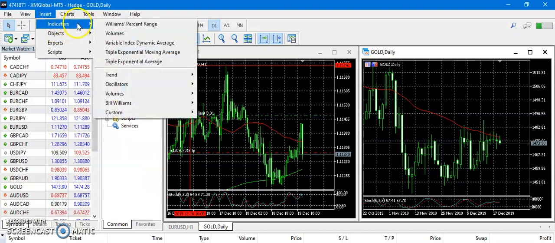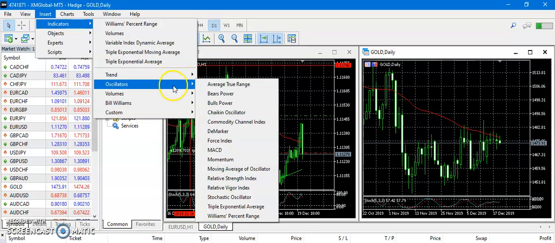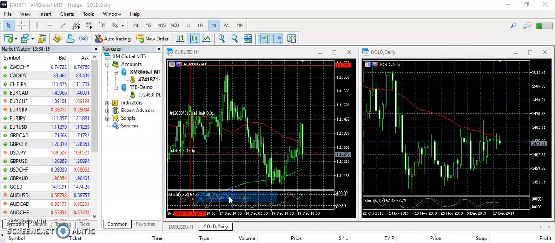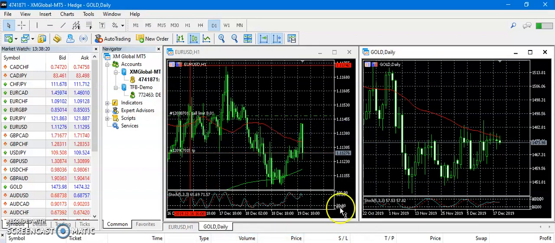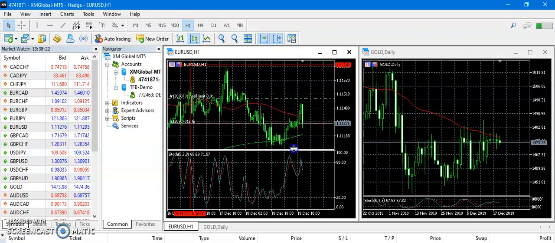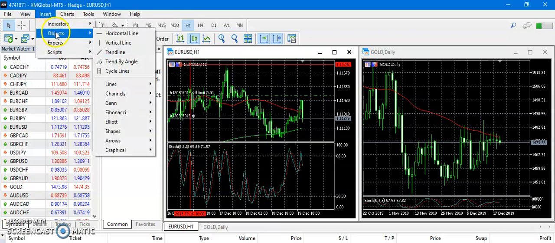Under insert indicators, we still have the stochastic oscillator under oscillators. In the same vein, you can just add it like that. Click OK. That is what I have under here. That's what you're seeing here. Okay, you still have the objects here.